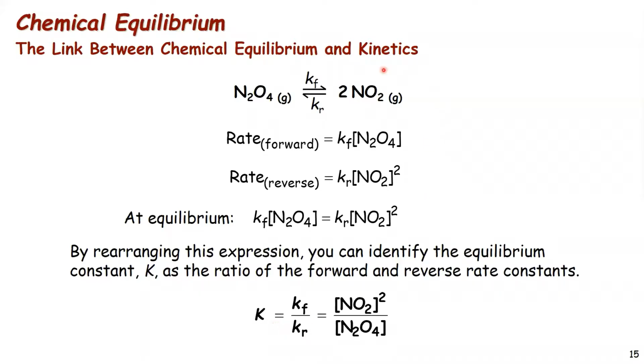So in an elementary step or in an overall reaction, the equilibrium constant expression is: big K, capital K, equals the concentration of our products raised to whatever power is in that chemical equation. Again, it doesn't matter if it's an overall equation, this still works for the equilibrium constant.